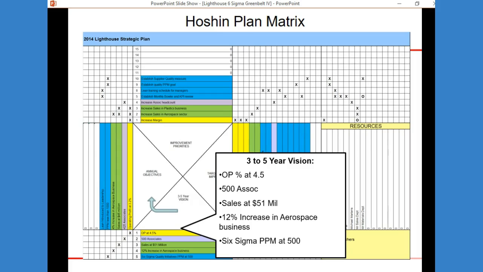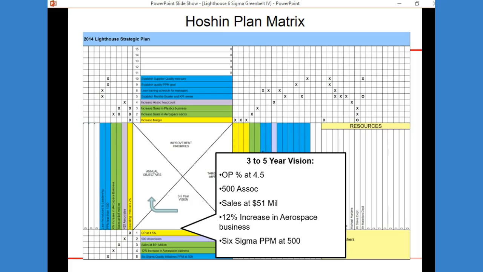We were at 495 yesterday. We want sales to be at 51 million, which we're already close. I think we're going to hit 70 million in sales this year. A 12% increase in our aerospace business, and we want our Six Sigma PPM, parts per million, to be 500.